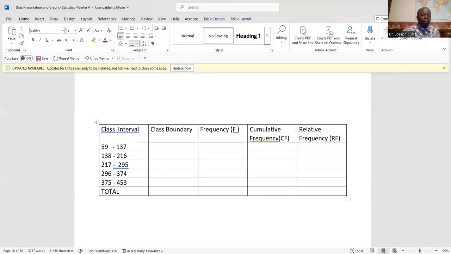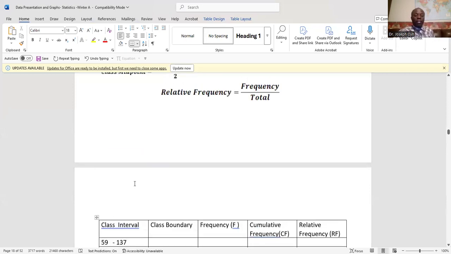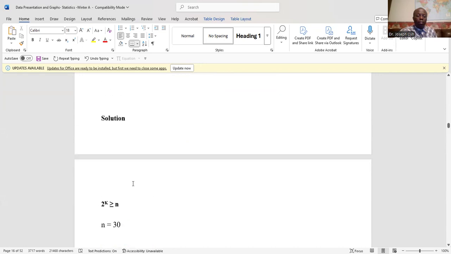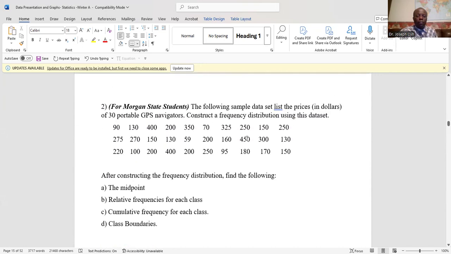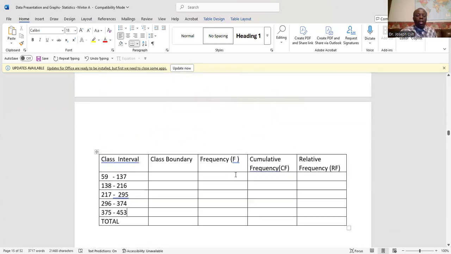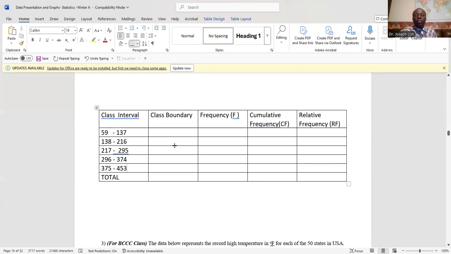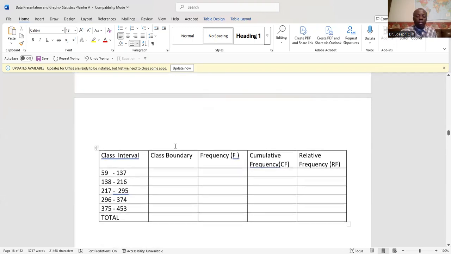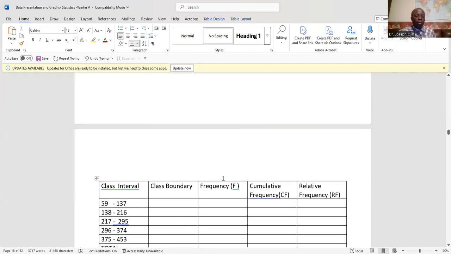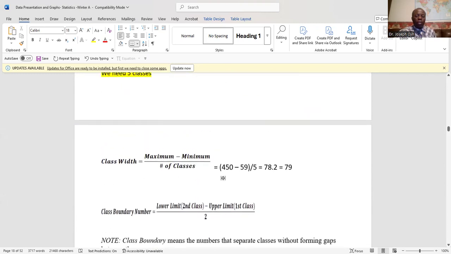The largest value in the data set is 450, so this accommodates all of them. So 453. With this, we can now start counting the frequencies.